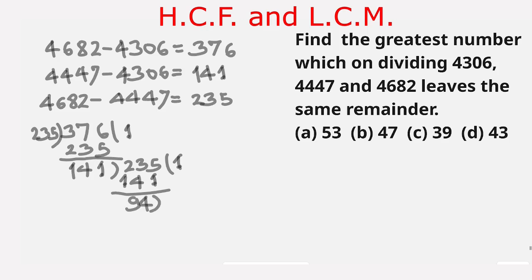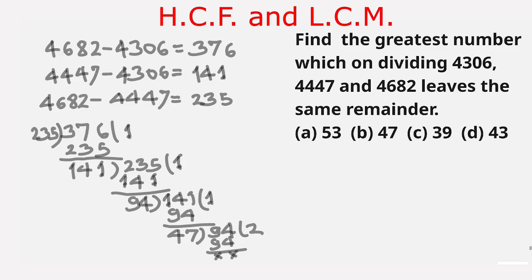Now we divide 141 by 94. 94 divides it for one time, and the remainder is 47. Now we divide 94 by 47, and 47 divides 94 for two times, and 2 times 47 is 94, and our remainder is 0. So the HCF of 235 and 376 is 47.